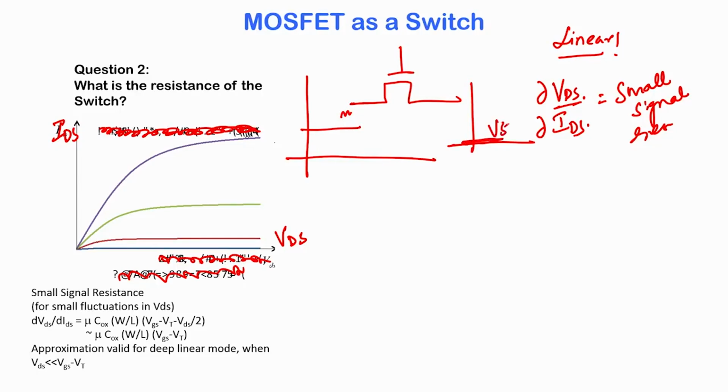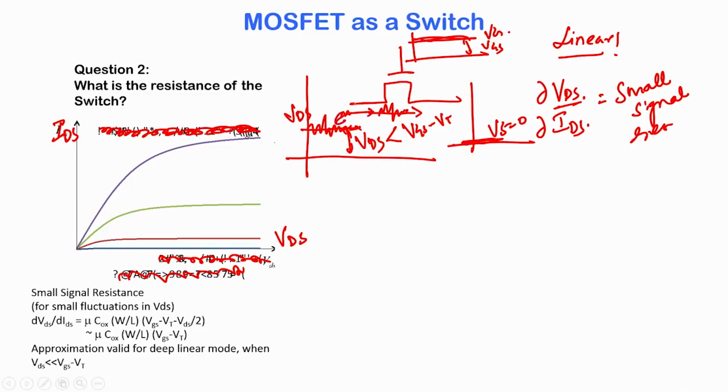Source is at ground, the gate is at some voltage so that you have a certain VGS, and the drain is at some voltage so that you have a certain VDS, and this VDS is less than VGS minus VT. On top of that you have a little fluctuation, so you have a DC current and a fluctuation in the current, and this fluctuation is defined by the small signal resistance of the MOSFET. That is the resistance we are after.